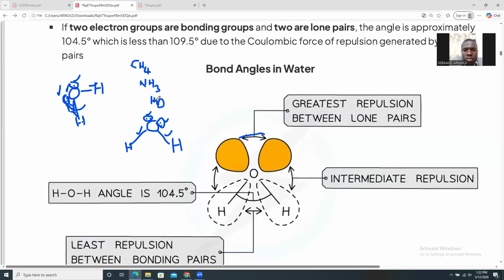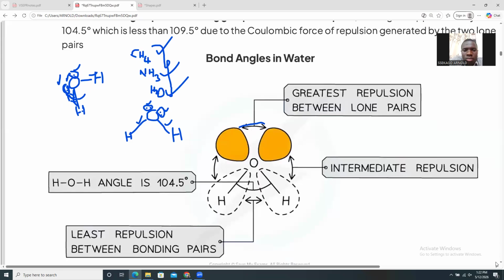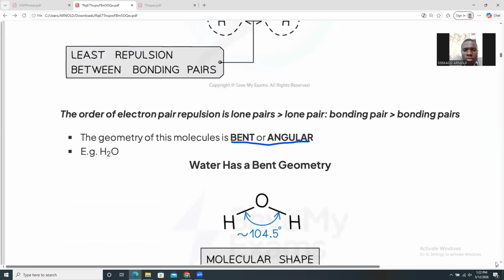But in all these examples, we are having 4 electronic groups. So this is still tetrahedral, but for methane, actual tetrahedral; ammonia, trigonal pyramidal; water, bent shaped. Kindly take note of that structure so that we explore another electronic group.